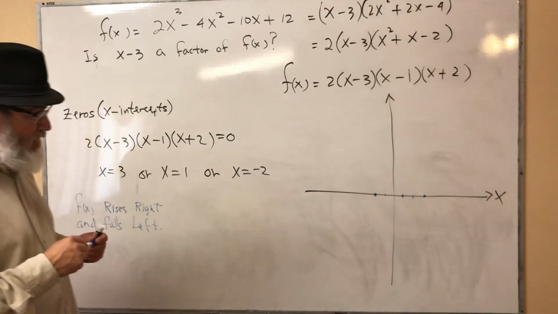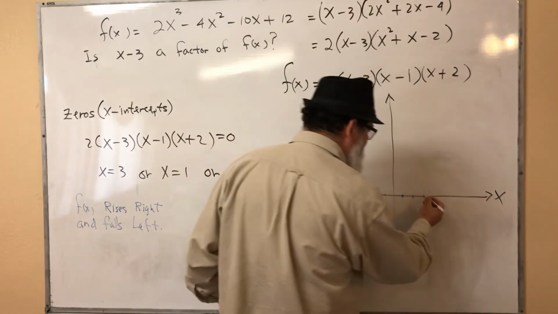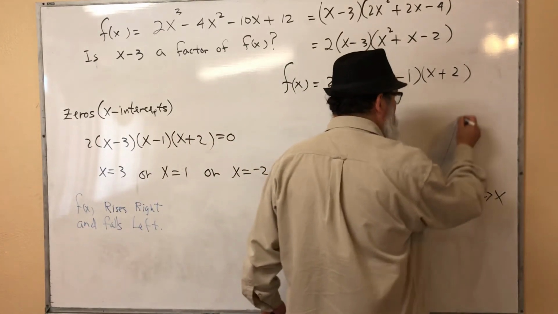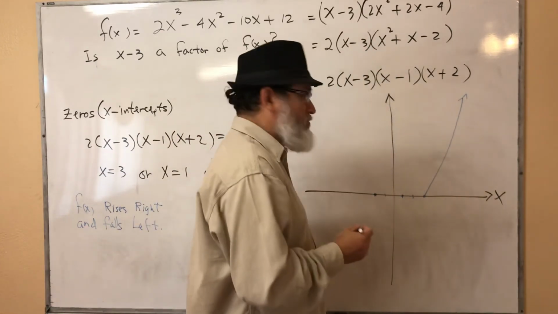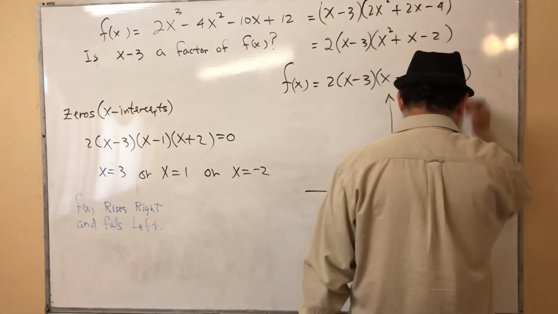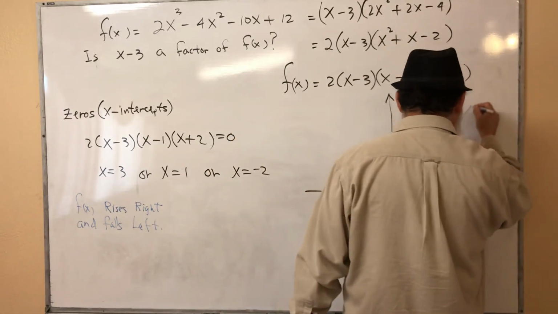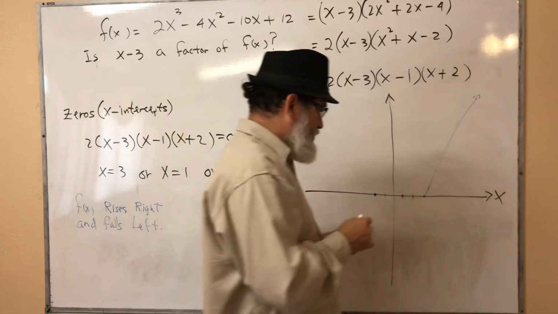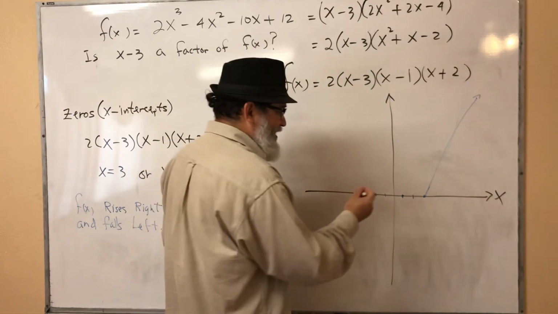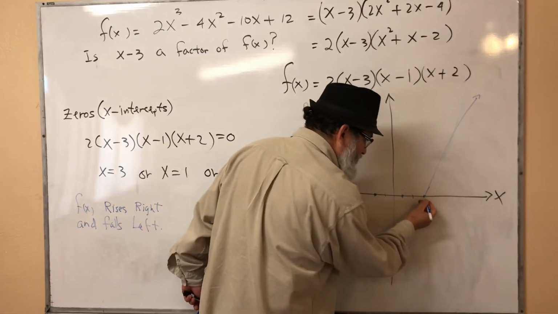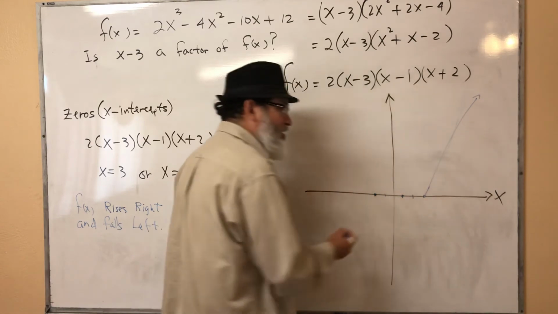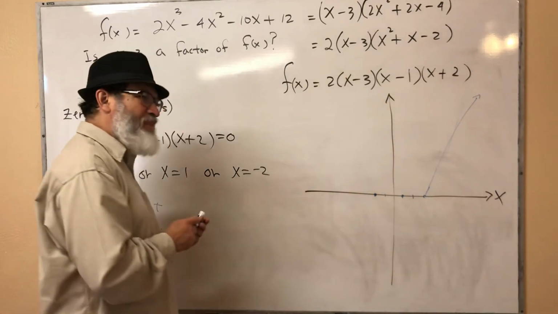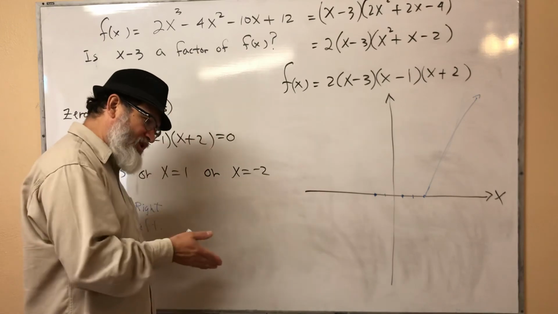If it rises to the right, it's going to do this. Probably like this. Comes down, crosses this, because whenever the factor has a power that's odd, it crosses.